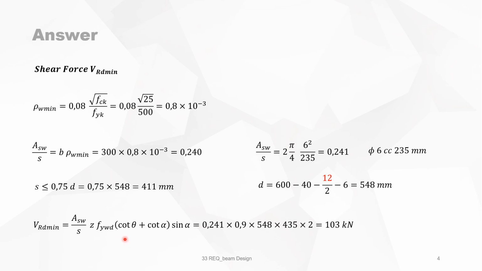That gives the maximum capacity. And when we put in the different numbers, we see that we have 103 kilonewton. Z, the lever arm for the shear force, is 0.9 times d. So the total capacity is 103 kilonewton.